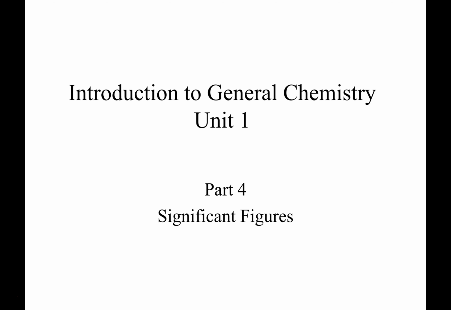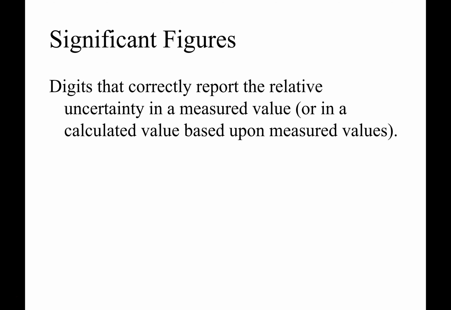All right. So part 4. I mentioned that if you have a number in scientific notation, the decimal part will tell you the number of significant figures for that measured quantity. So you're like, what's significant about significant figures?